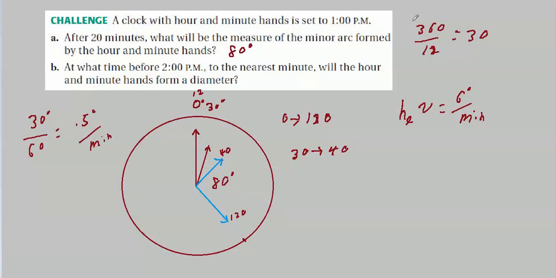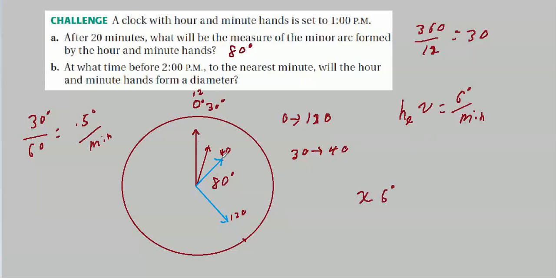And what we're going to have is, after a certain number of minutes, we'll say x, x times 6 degrees, and let's start at 2:20. What the heck?